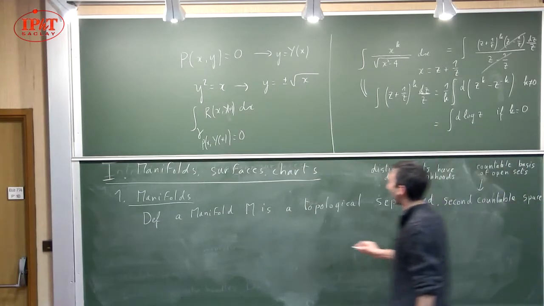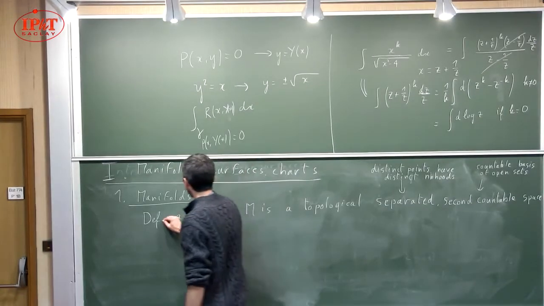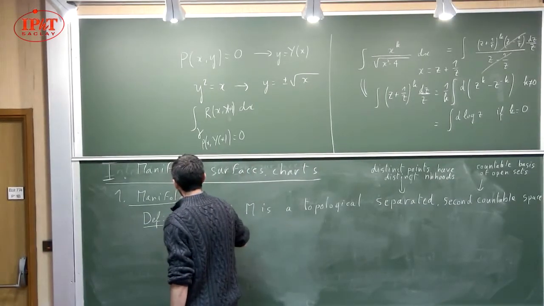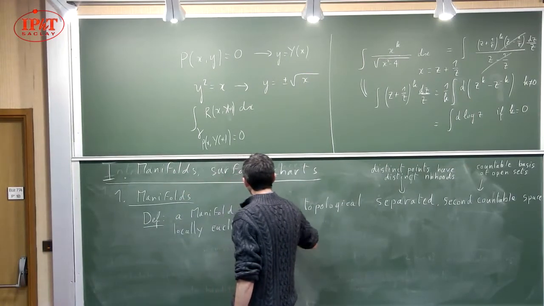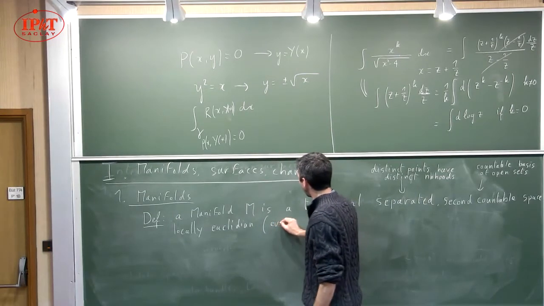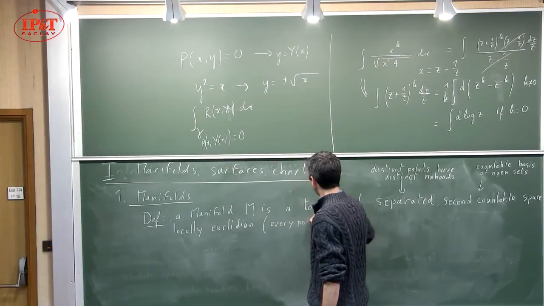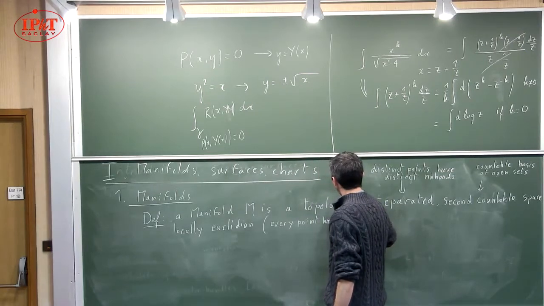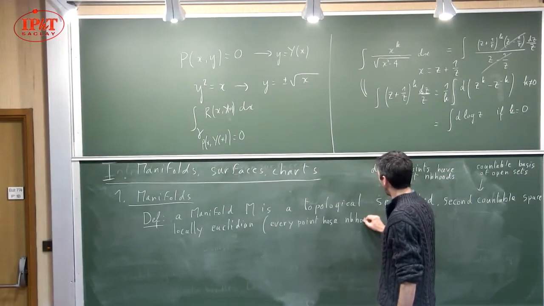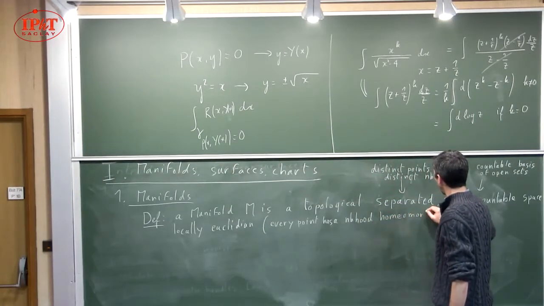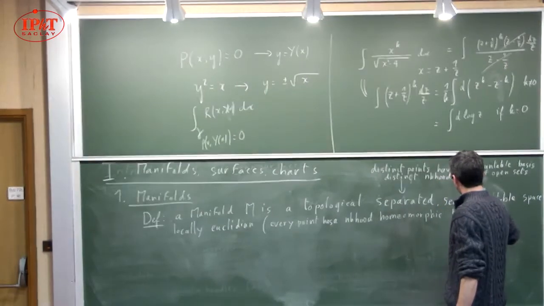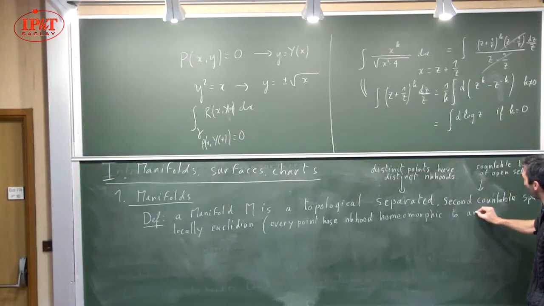And that is locally Euclidean. Which means that every point has a neighborhood homeomorphic to an open set of R to the n.